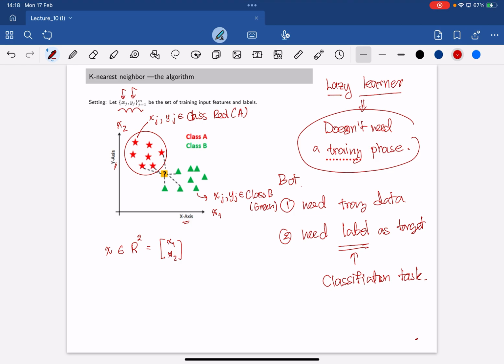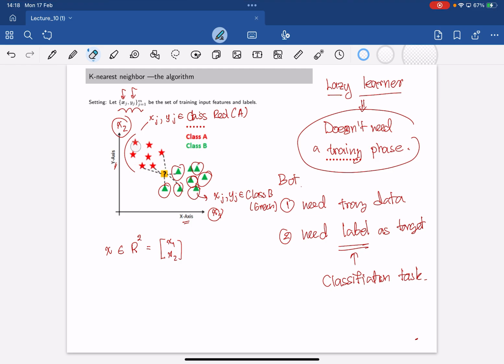So if you have the training data, you can definitely provide this plot, where you have the value of X and you highlight those data samples based on the class that they belong to. So yes, you can have these plots.